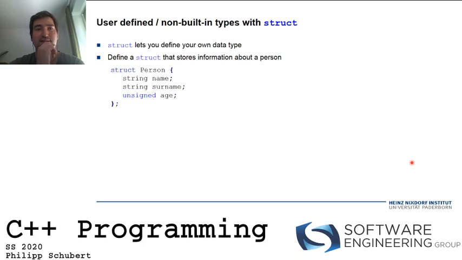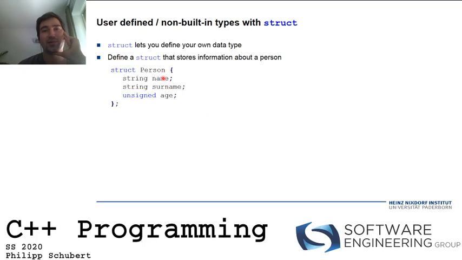How you could do that is you use, of course, the keyword struct to introduce a new type. You give that type a name. Here in this case, we just name the type person. And then again, a pair of curly braces, and at the very end, do not forget the semicolon. Within this struct, which we are defining right here, we can now list a bunch of variables that we wish to have that data type store.